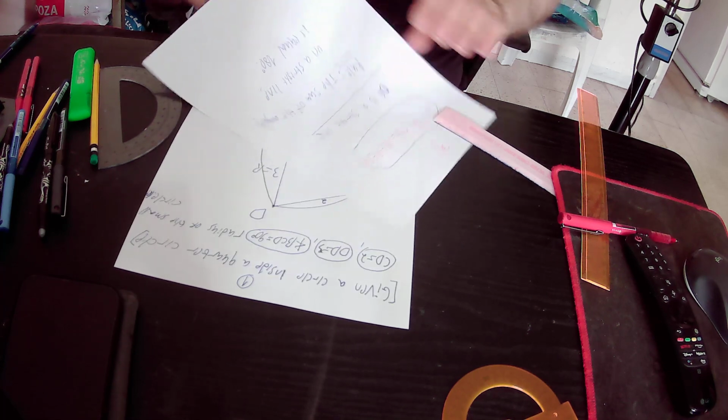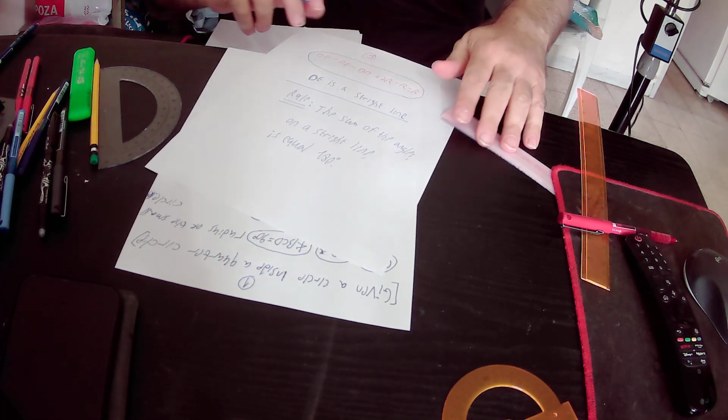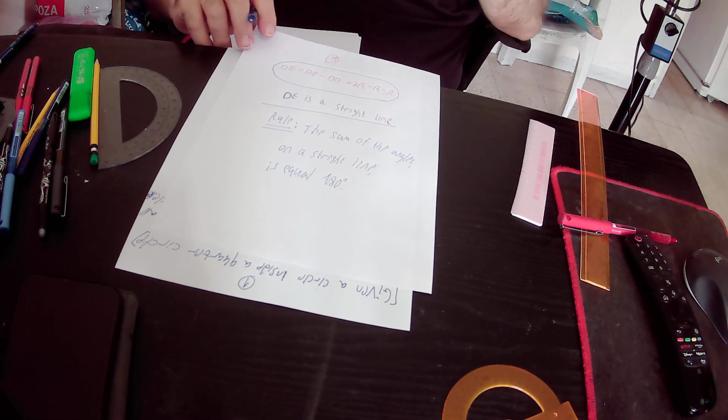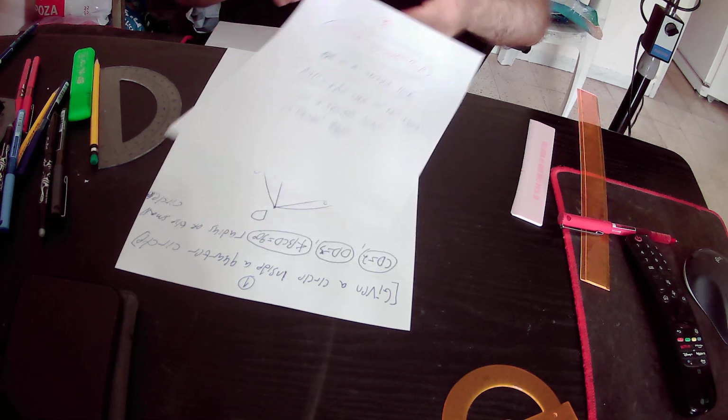I will read the rule again. The rule states that the sum of the angles on a straight line is equal to 180 degrees.